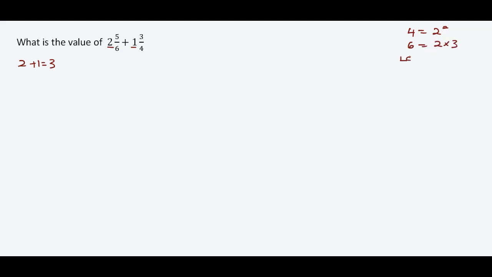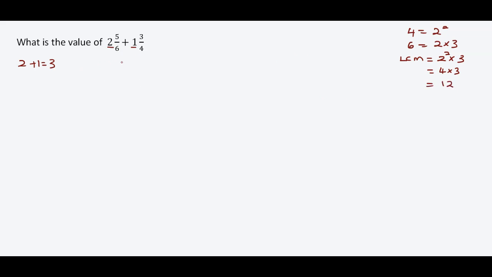And our least common multiple is going to be, we have 2 and 3 as our factors, and then we just use the highest exponent of each one. So 2 squared times 3, that's 4 times 3, which is going to give us 12.